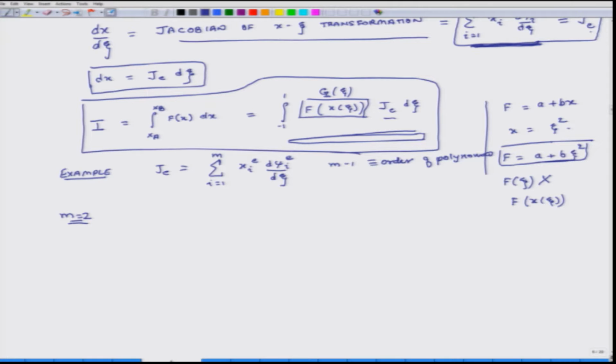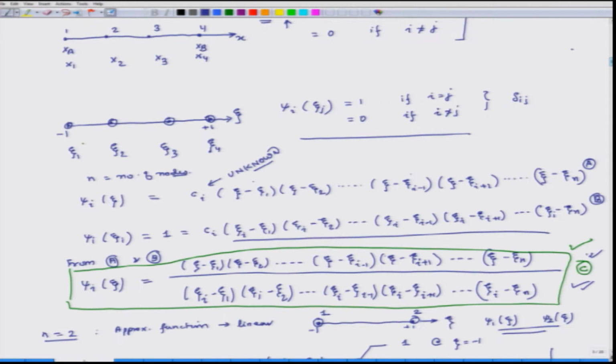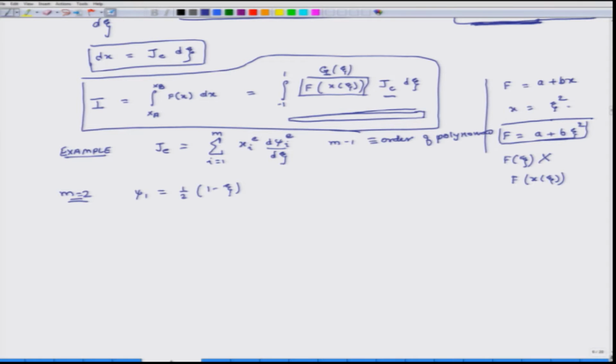So, the first approximation function psi 1 will be half of 1 minus zeta, and we got this relation by using equation C, which we had developed a couple of lectures earlier. Then psi 2 equals half of 1 plus zeta.